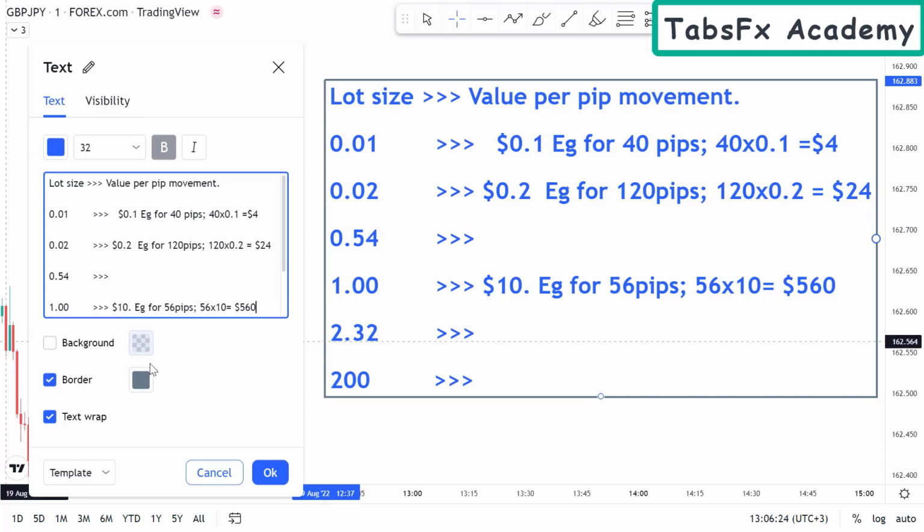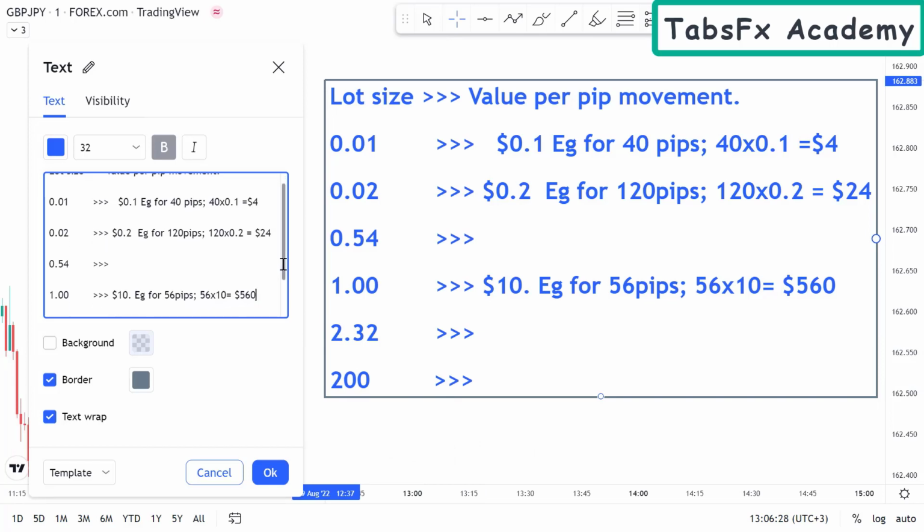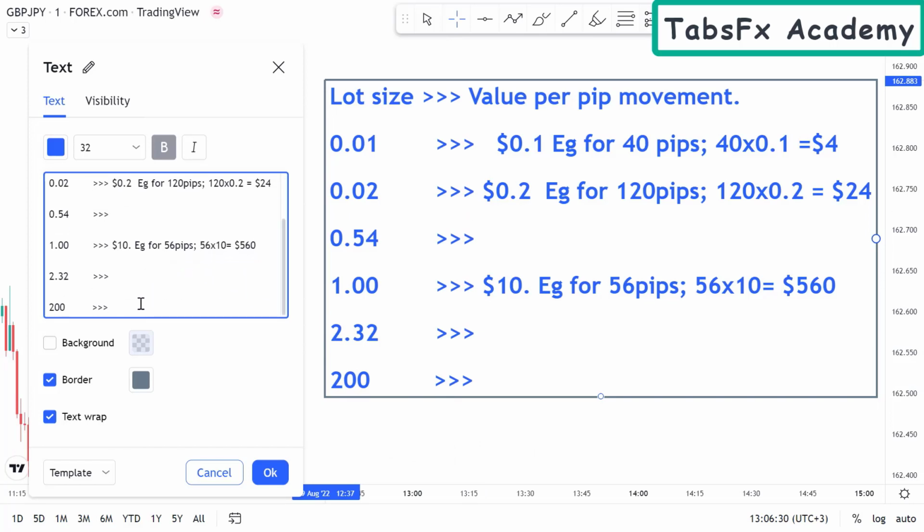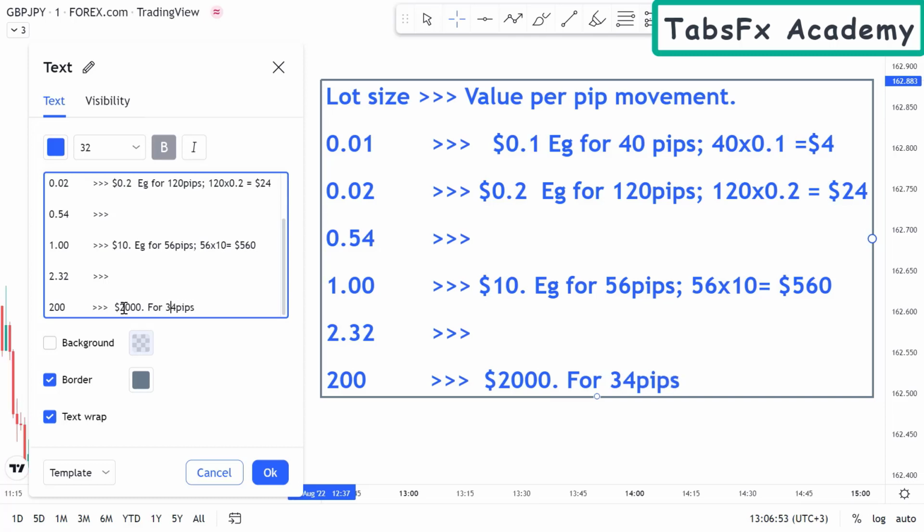What if you've used a lot size of 200? How much do you get for each pip movement if the price has changed by only one pip? What do you do? Multiply by $10. Yes. So in this case, you get $2,000 for each pip movement. So if, for example, your price has moved through 34 pips, how much is this equal to?